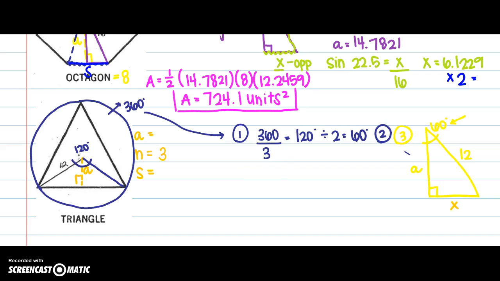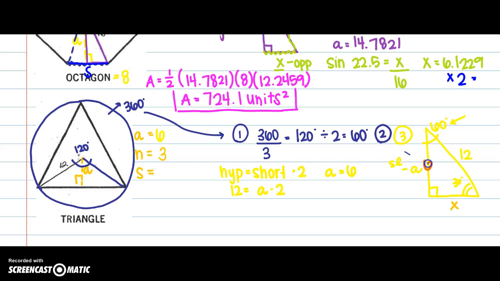I'm going to start solving for A, because I know that if that's 60, this is 30, so A would be my short leg. So I know that in my 30, 60, 90 degree triangle, my hypotenuse equals my short leg times 2, so since my hypotenuse is 12 equals A times 2, my A is going to then become 6.